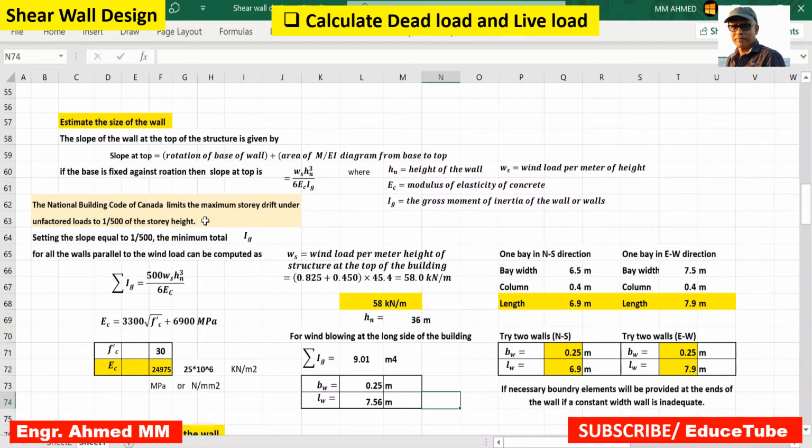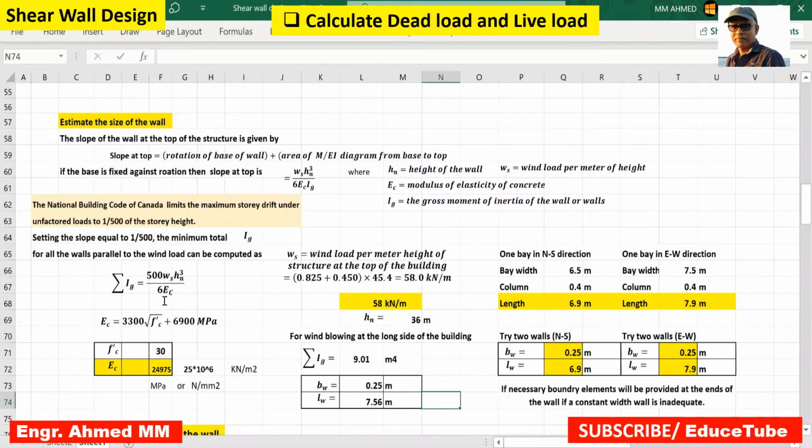So in this situation, setting the slope equal to 1 by 500, the minimum total Ig for the walls parallel to the wind load can be computed as this one. Once we find this, that is the minimum total Ig. This is a very important point to understand. The value we got here is the minimum total Ig.